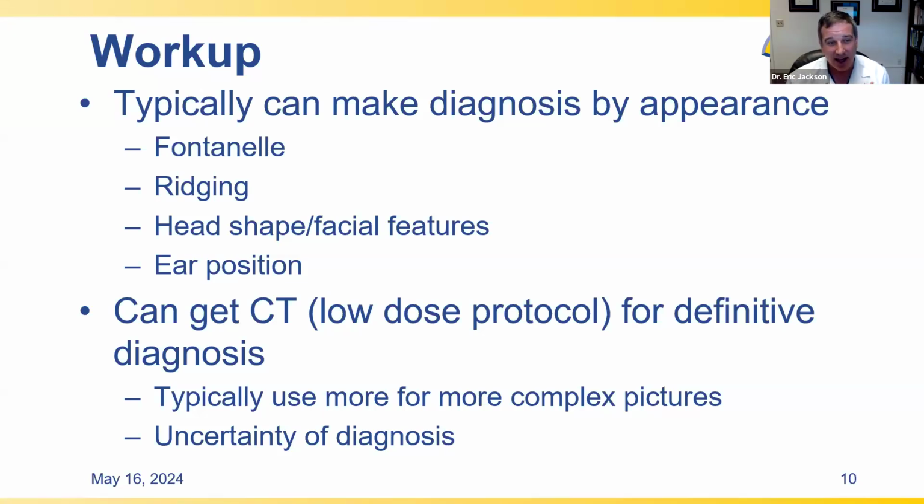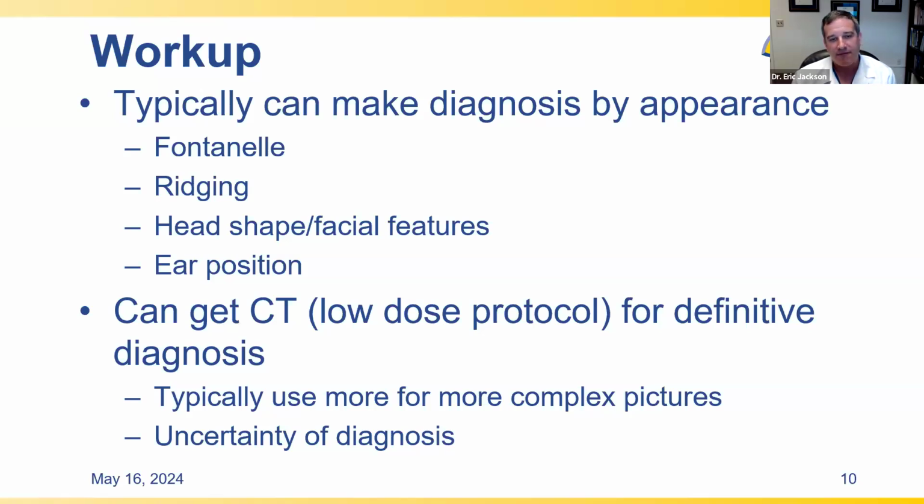The other features that we can use to help with that are head shape. Like I said, with sagittal synostosis, you may have a long, narrow head. With coronal synostosis, it'll work its way into the face. We'll also use the ear position, as that will move in certain directions based on whether the bones are fused or it's from laying in a certain position.